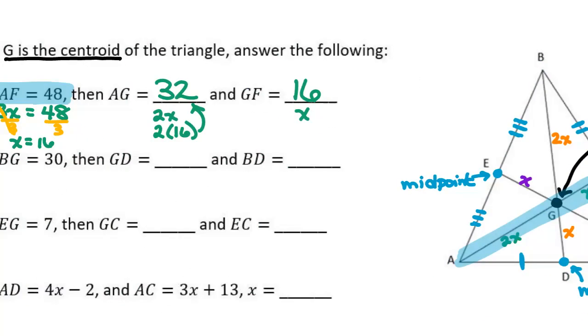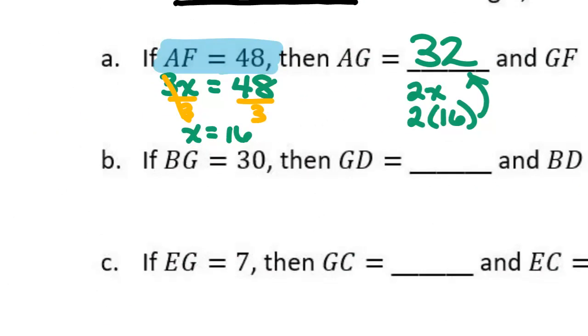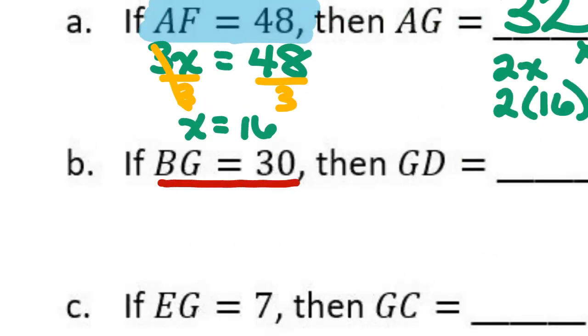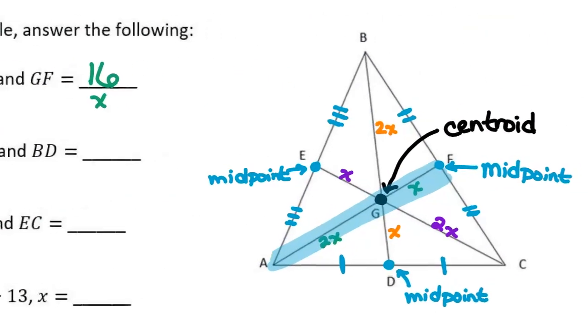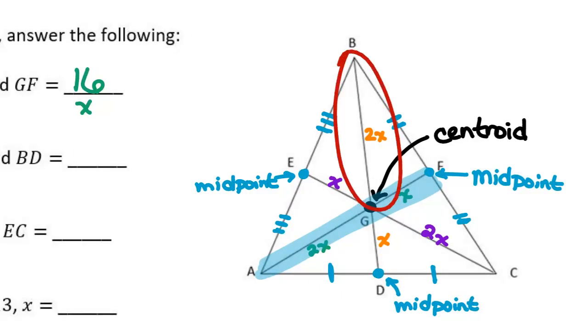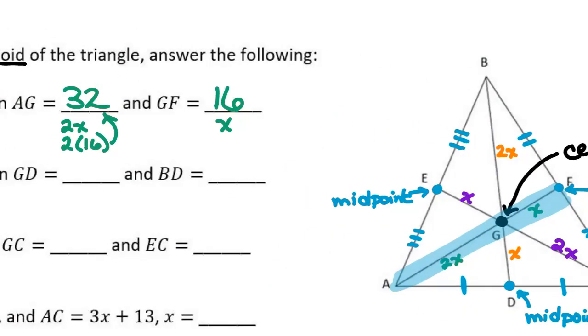All right. Part B, which has absolutely nothing to do with Part A. So the numbers that we had in Part A don't carry over into any of these other parts. It says BG equals 30. BG is this segment right here. Is that X, 2X, or 3X? 2X.